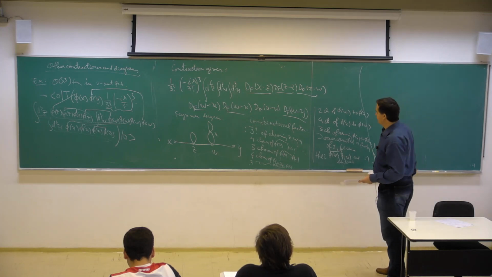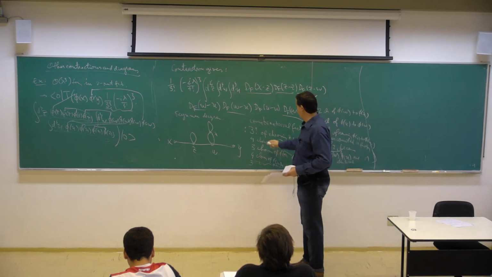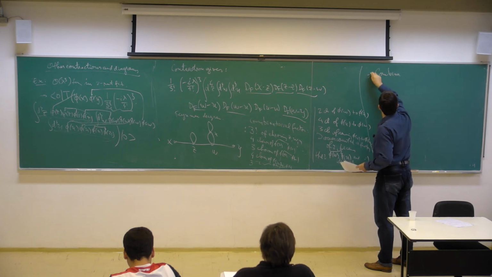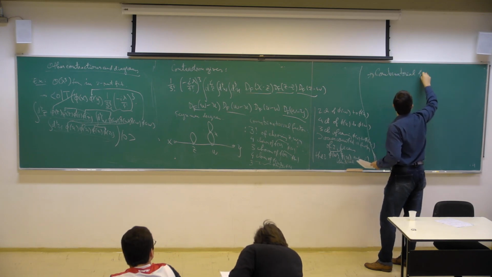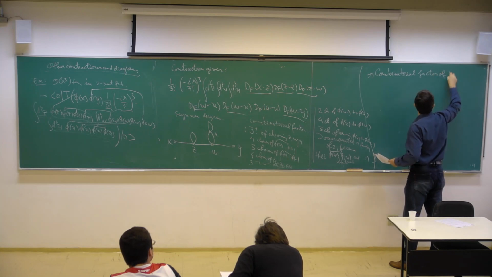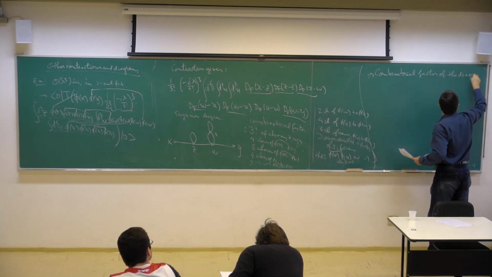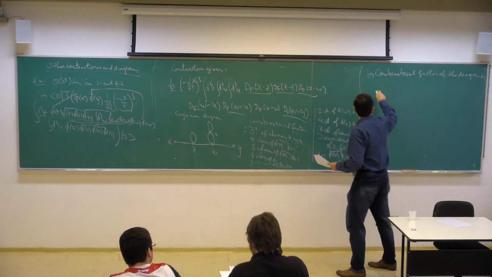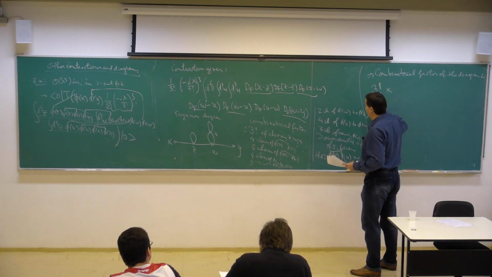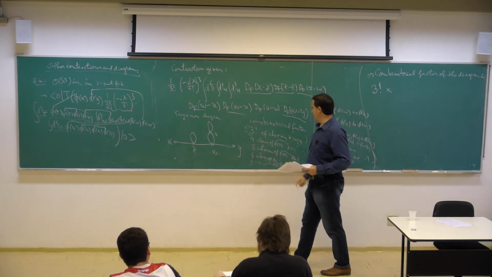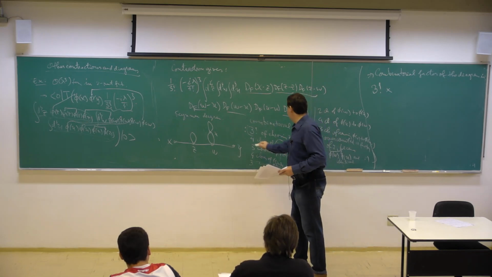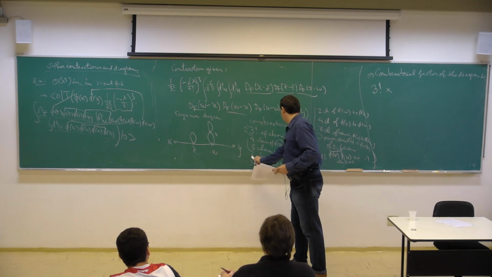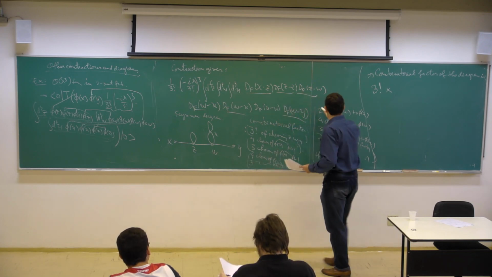So the symmetry factor, the combinatorial factor I should say, of the diagram is, first of all, 3 factorial times, this was an overall thing, then from phi of z I have 4 times 3, and for phi of w I have 4 times 3 times 2.